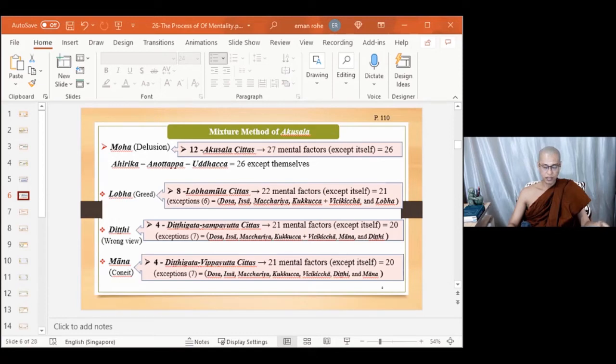It is not difficult: the 13 Aññasamāna and 14 unwholesome factors. Two groups become the 27. In those 27, except Moha, it becomes 26.